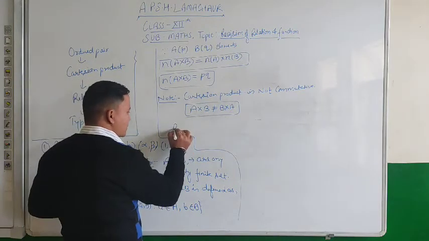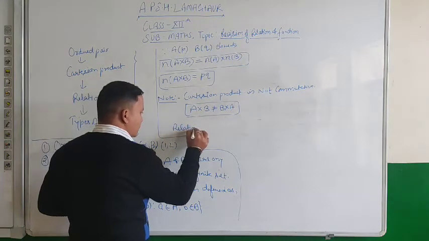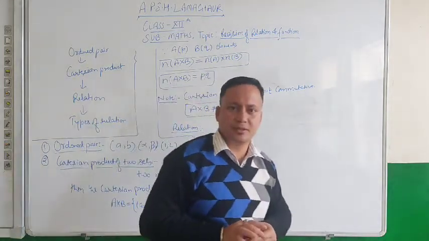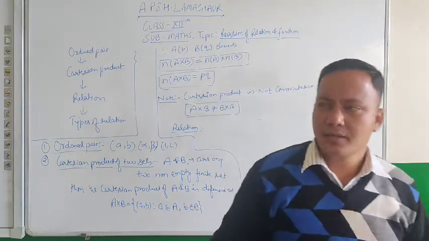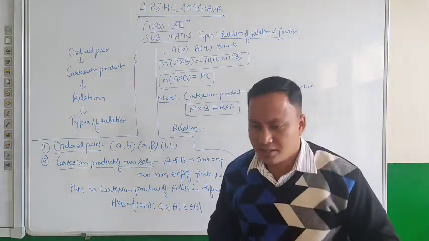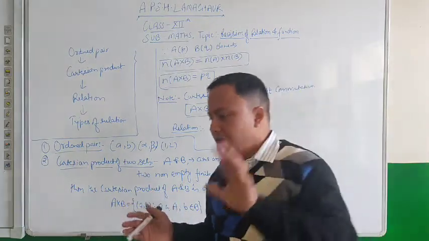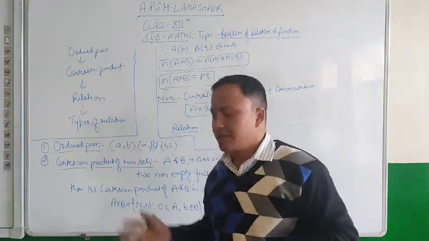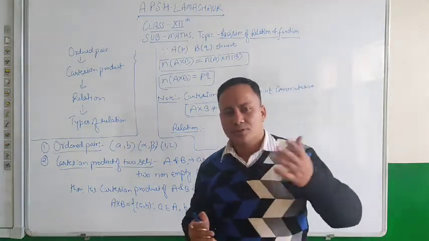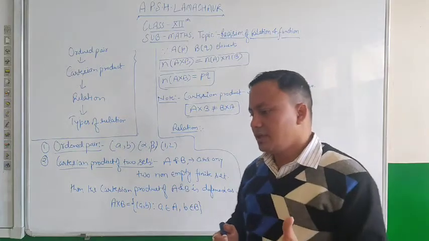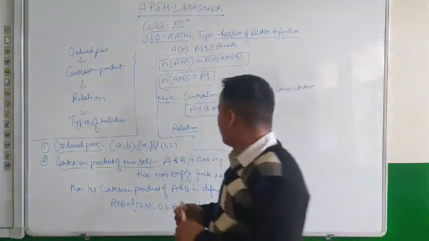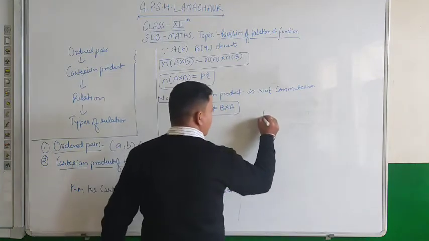And the next topic is relation. So basically, what is relation? When we are defining a relation, there will be two cases. When we have two particular sets A and B, we define the relation between the elements of set A and the elements of set B. And the second case is if you are interested to develop a relation between the elements of a set and itself. It means there are two cases of defining a relation.